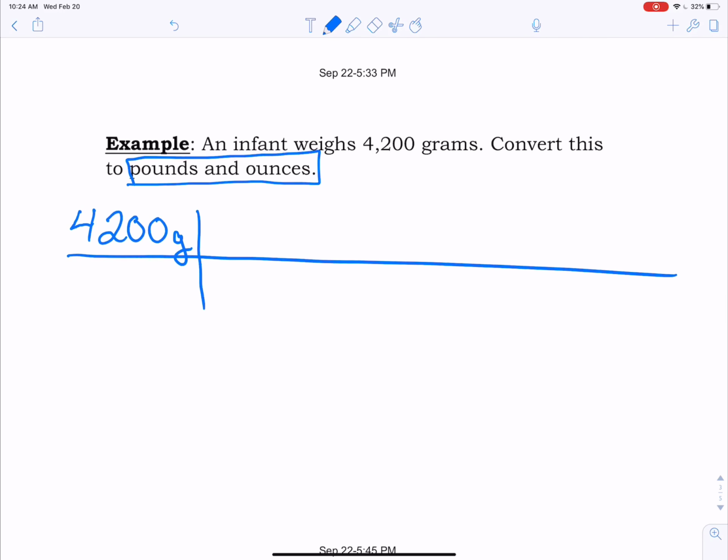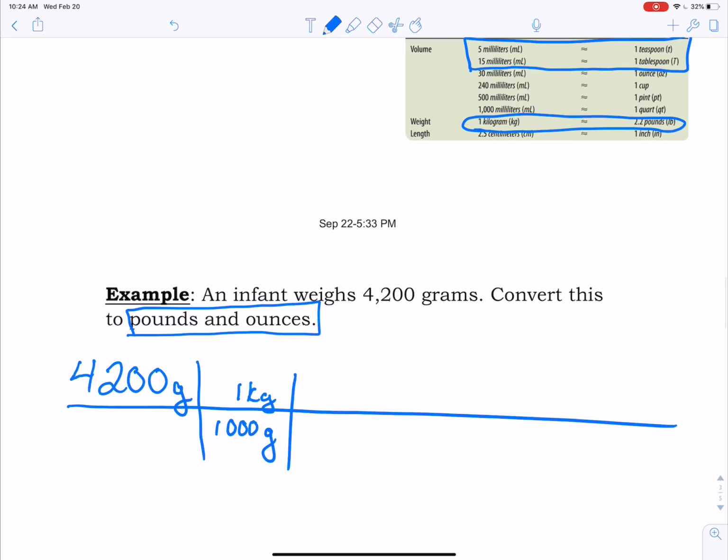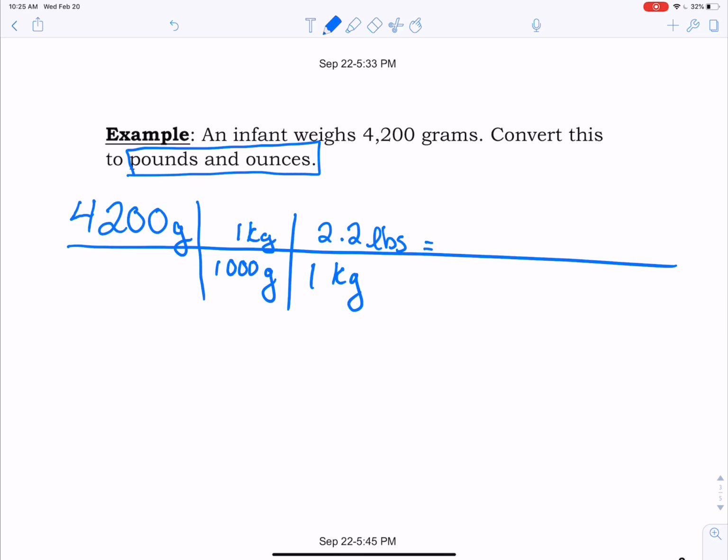So the first thing I'm going to do is go from grams to kilograms. I know that there's 1,000 grams in 1 kilogram. Then I can use the conversion provided to me, that in 1 kilogram, there's 2.2 pounds. Now, I'm going to do this multiplication out, even though they ask me for pounds and ounces.